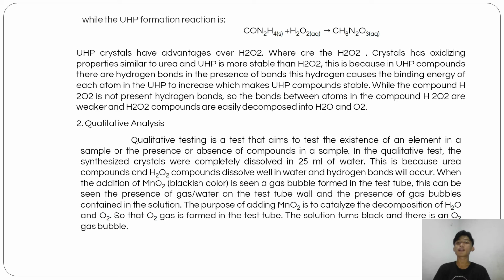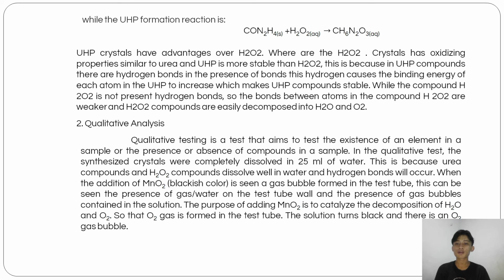Number 2, qualitative analysis. Qualitative testing is a test that aims to test the existence of an element in a sample, or the presence or absence of compounds in a sample. In the qualitative test, the synthesized crystals were completely dissolved in 25 ml of water.